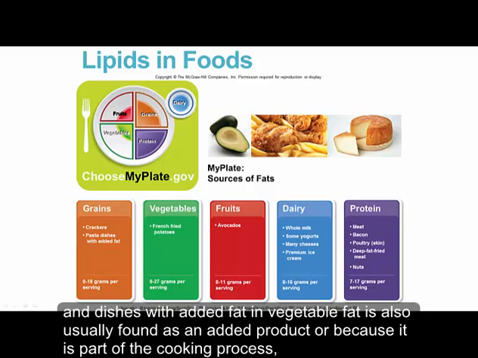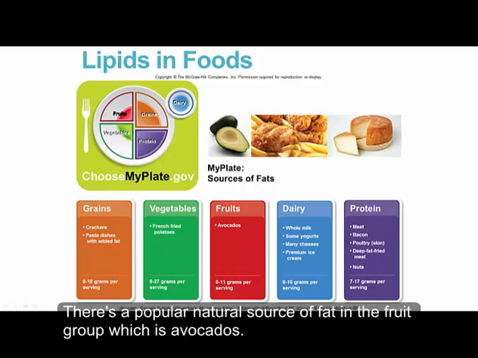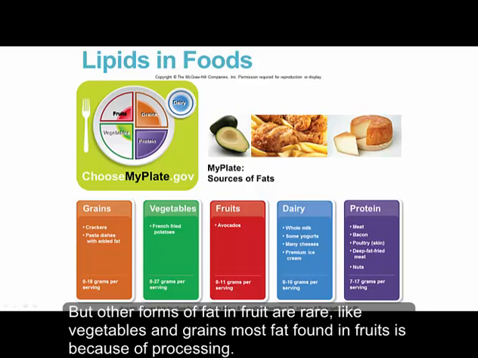In vegetables, fat is also usually found as an added product or because it is part of the cooking process, such as the fat needed to fry potatoes to make French fries. There's a popular natural source of fat in the fruit group, which is avocados, but other forms of fat in fruit are rare. Like vegetables and grains, most fat found in fruits is because of processing.